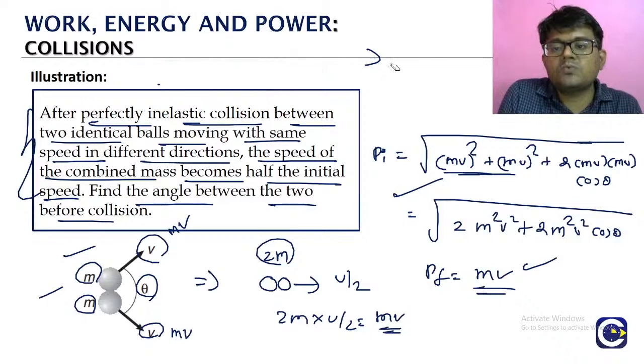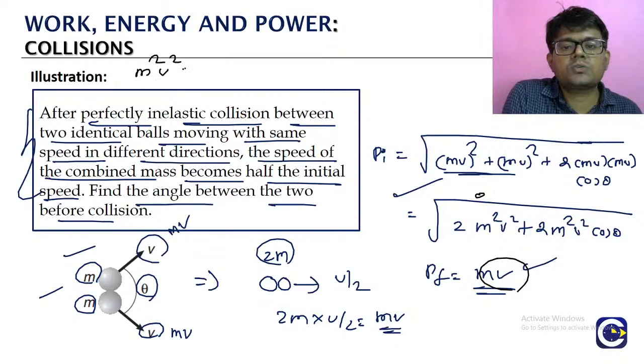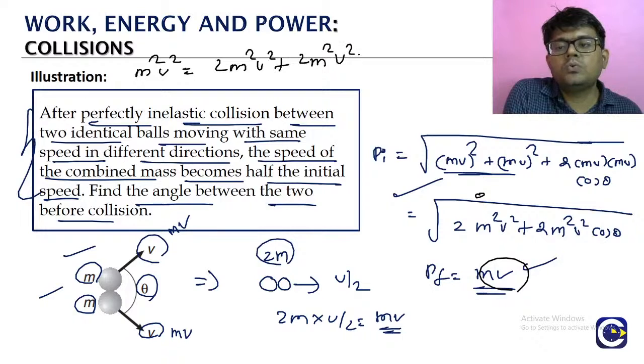So here our task is to find the theta, right? What is our objective here? We have to find the theta value. Now mv is equal to this root. Squaring on both sides, m square v square is equal to 2m square v square plus 2m square v square cos theta.